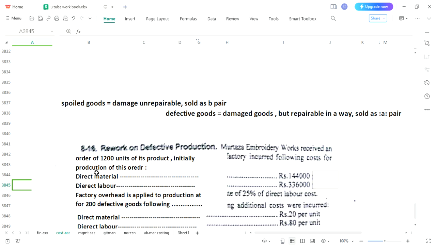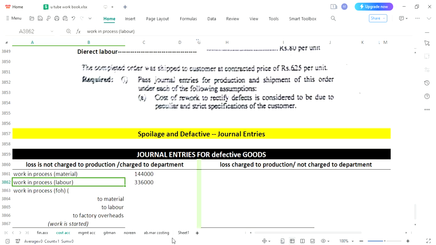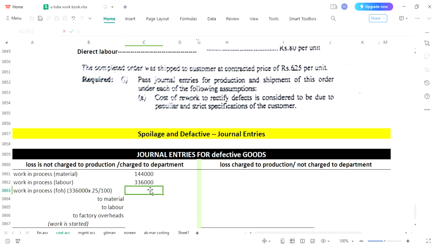Actually, system is little slow. 25% of direct labor cost. Okay, so here what you will do, 3,36,000 was the amount, and you need to multiply it with 25 divided by 100. This way you will calculate 25% of 3,36,000.